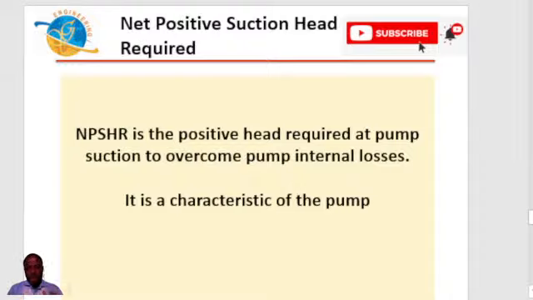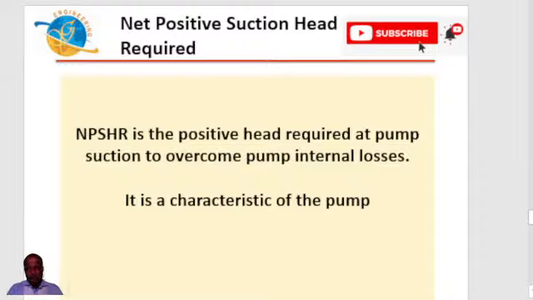The pump manufacturers would determine by test the NPSHR at various capacities for a particular pump. At the same time, the NPSHA, which is the net positive suction head available, will be calculated by the process engineer or by the machinery engineer from the client side.